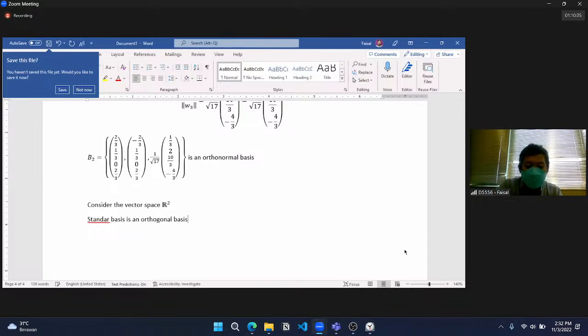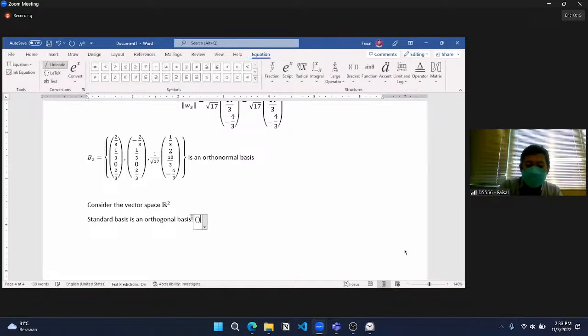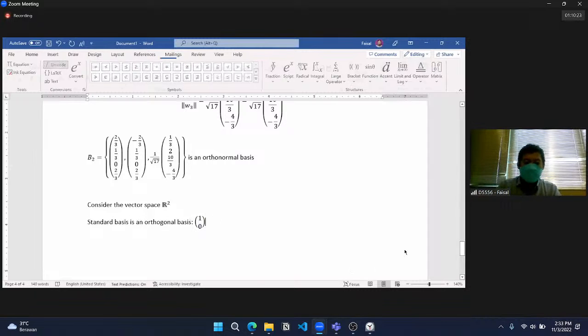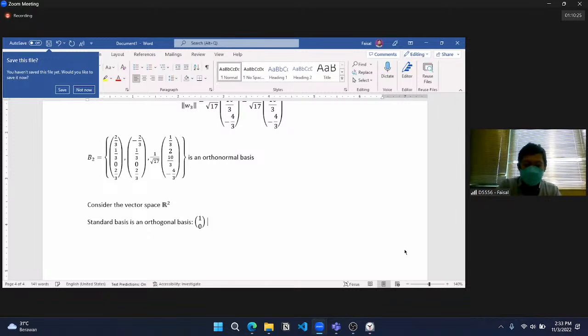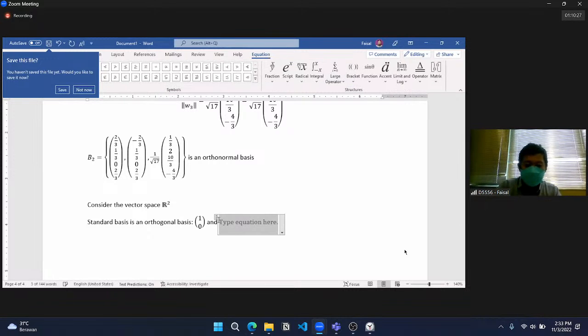What is the standard basis? Standard basis is (1, 0) and (0, 1).